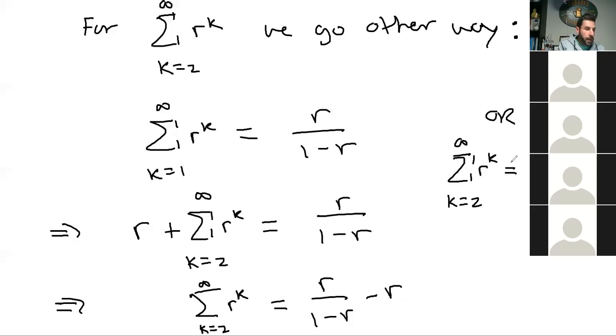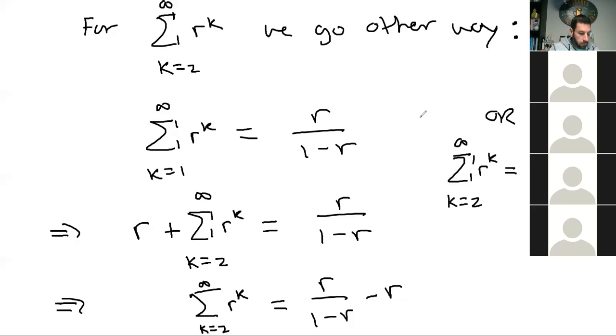So again, if I take this down here and I just combine these two guys, or you don't even have to combine them. You can just do it this way. It doesn't matter. But what I'm saying is you could rewrite this if you so desired. And then what do you have? The numerator would be r minus r times 1 minus r, which is r minus r plus r squared.